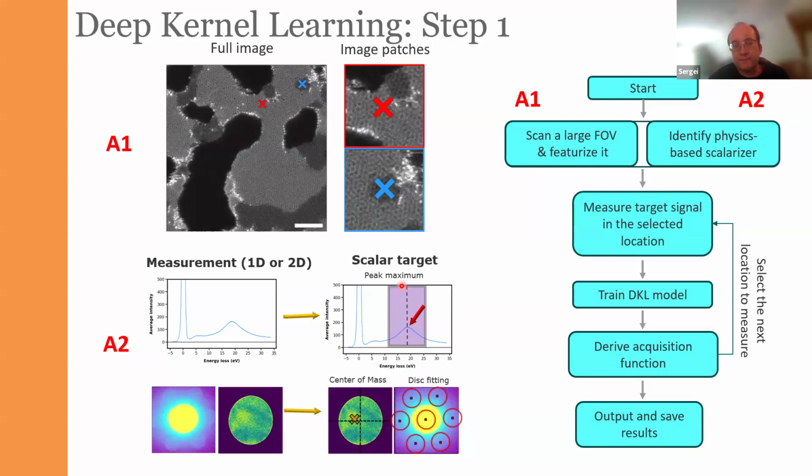It can be something like a molecular property, or it can be something else. If we want to discover molecules that have a specific optical spectrum, then we also need to figure out what spectrum we are interested in. Do we want to maximize the intensity? Do we want to maximize the peak position?